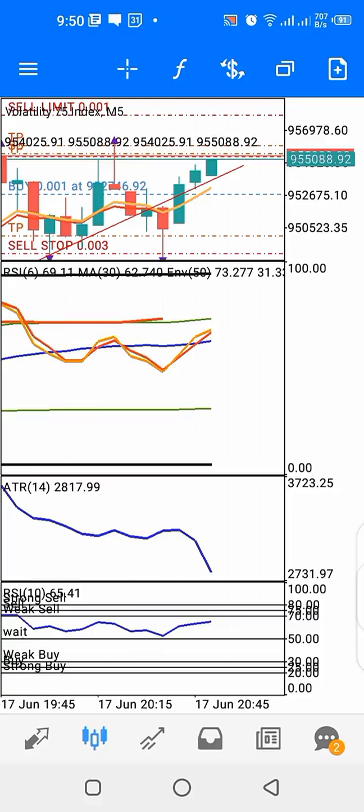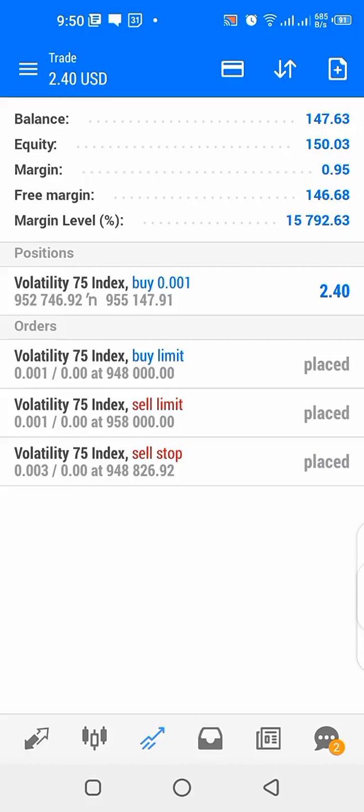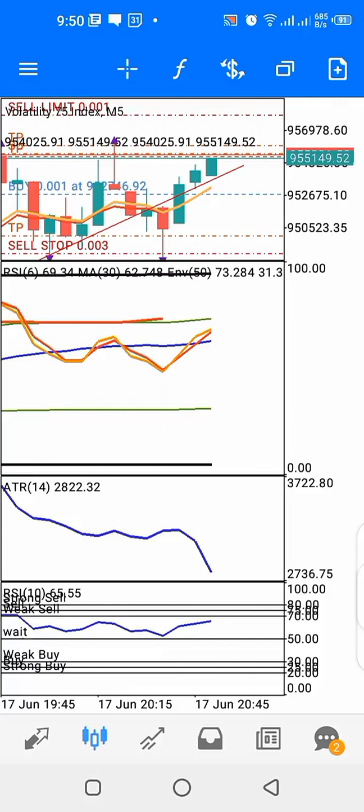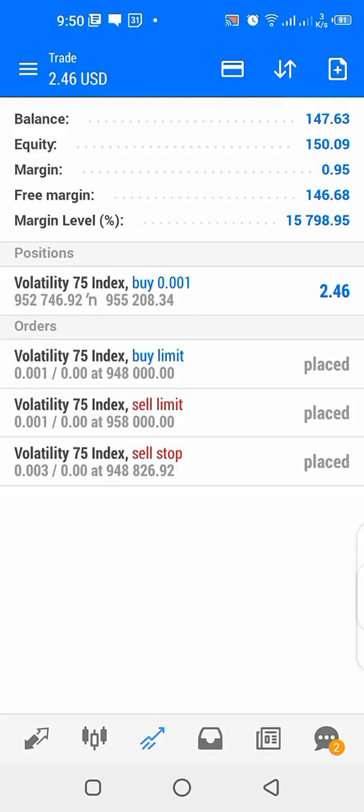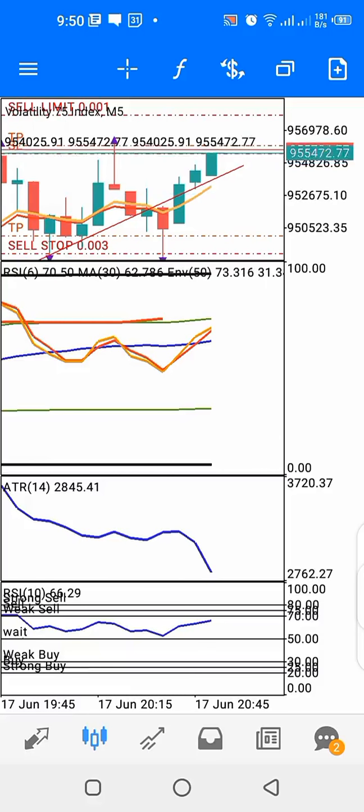Price is about to trigger the running buy trade's take profit. It's already 2,400 points, which is $2.4. If it triggers, I will have 2,500 points, which is okay.